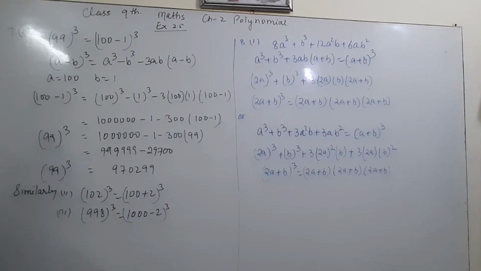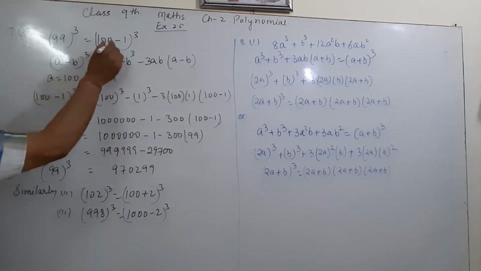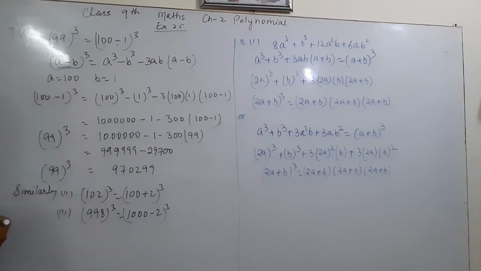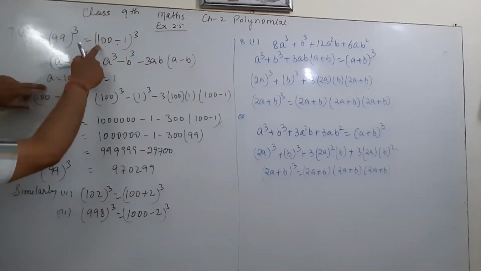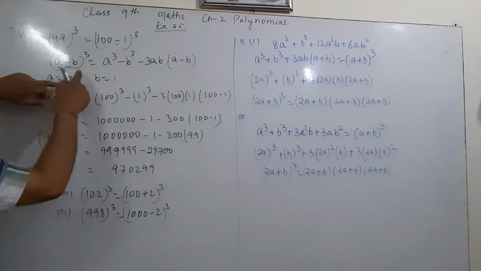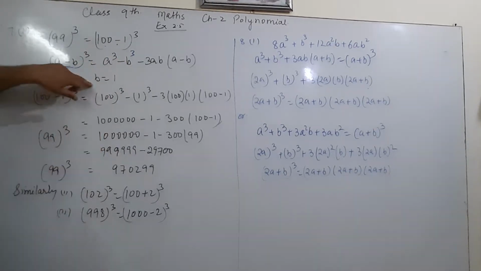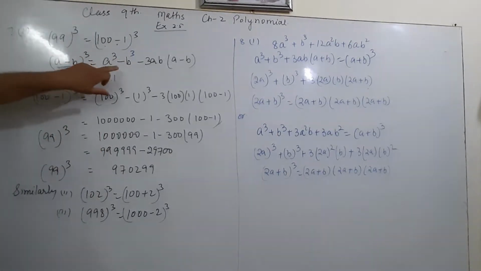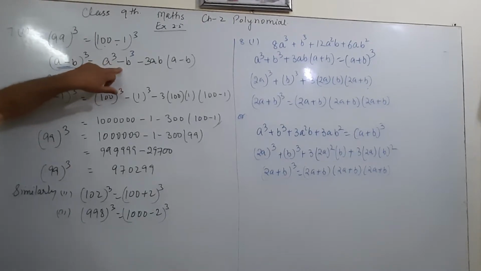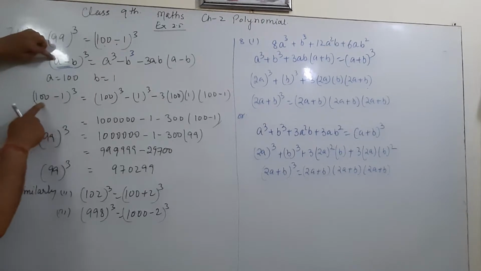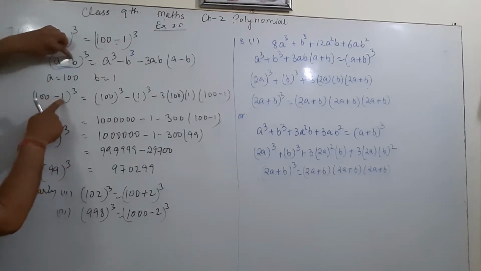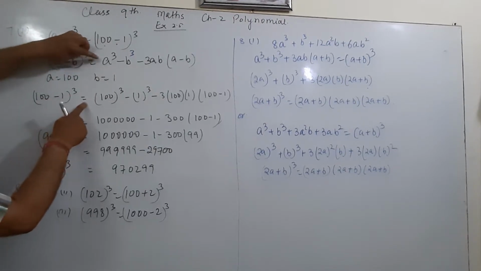When we express 100 minus 1 in terms of A minus B, A is equal to 100 and B is equal to 1. So we put 100 in place of A and 1 in place of B.